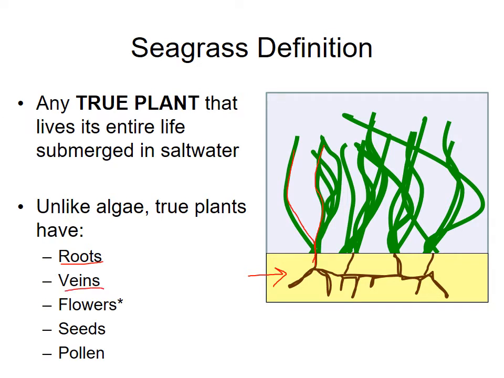They have flowers, and you don't see that on my simple drawing here, but flowers appear on seagrasses at various times as they reproduce sexually. They have seeds and they have pollen associated with their sexual reproduction system. And algae don't have any of these specialized features.